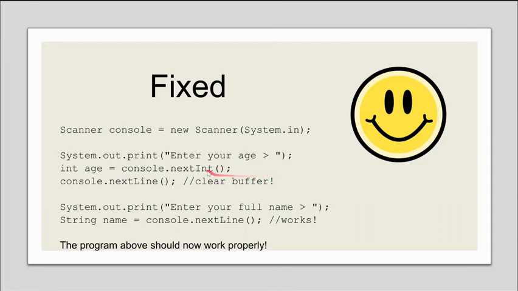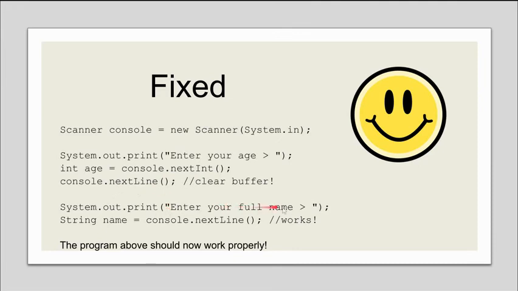So here's the fix. All of this code is the same, except we've inserted this line right here. So after a call to nextInt, when there's this hanging enter key left in the user input stream, we're going to clear that out by calling nextLine.